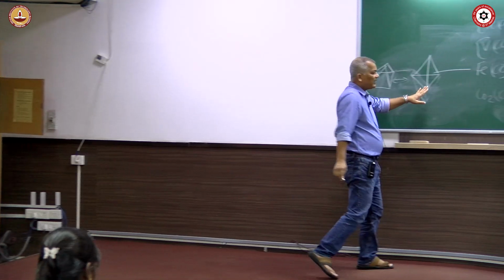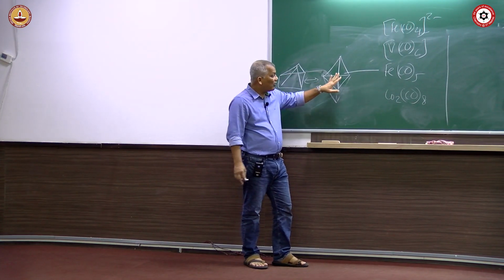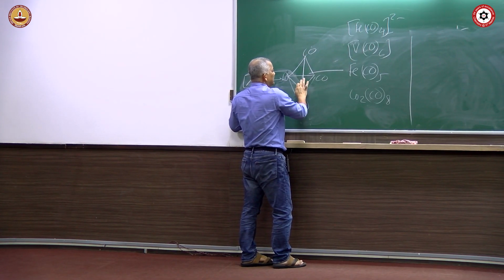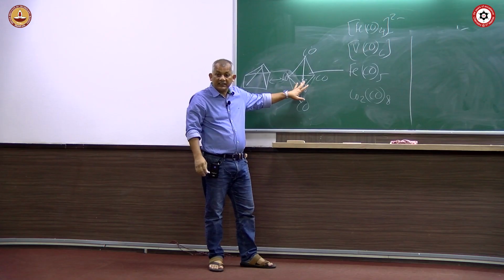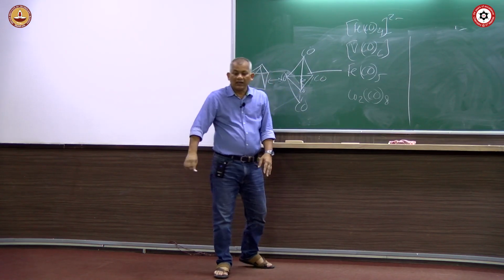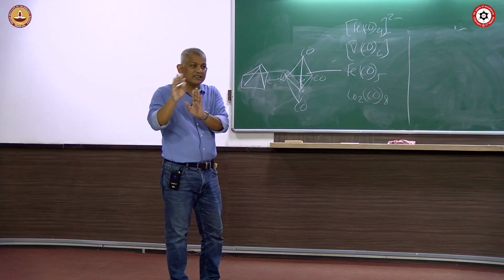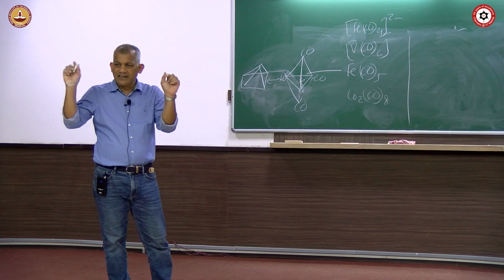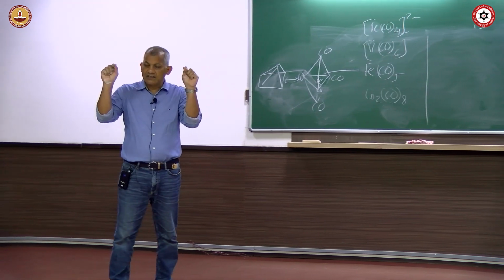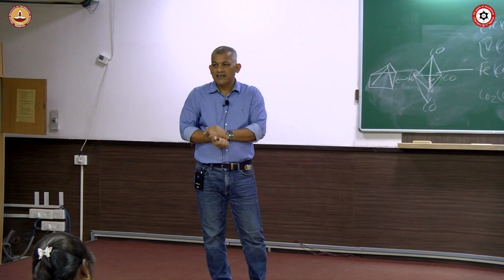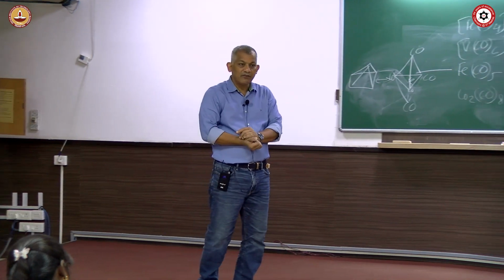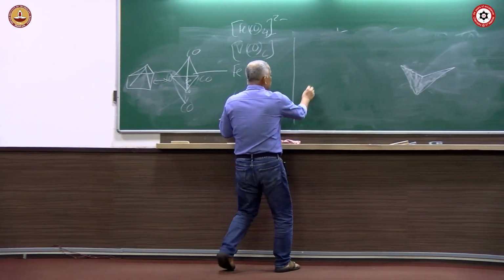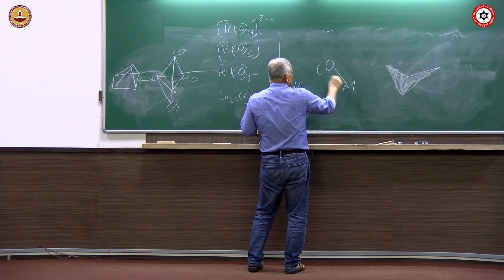So whatever it is, let's say one of these geometries, all these CO ligands, and in the middle you have the Fe, are all terminal CO. All carbonyl ligands attached to the metal are terminal, and these terminal ligands typically come around 2000 to 1900 centimeter inverse. Based on where the band comes in centimeter inverse, you can tell that these are all terminal CO. If the carbon monoxide bridges two metals, this is also possible.